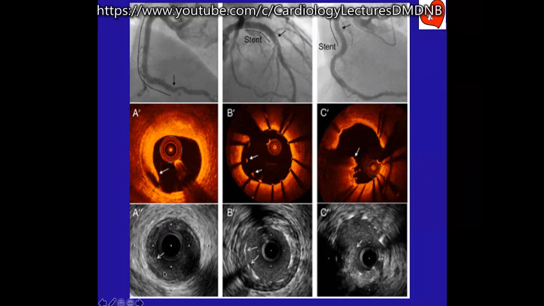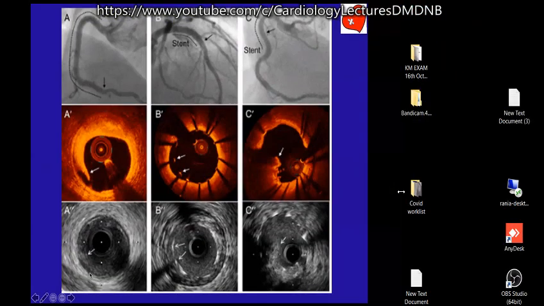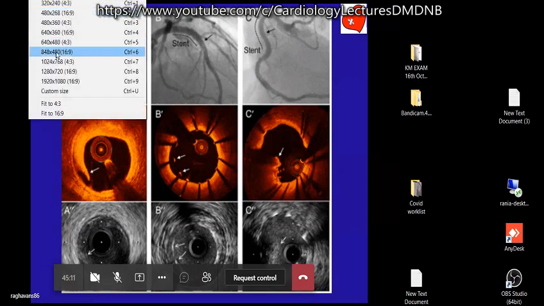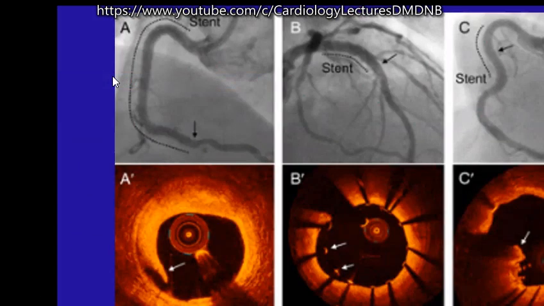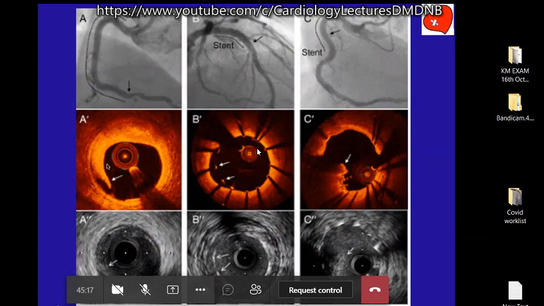Now you see the same thing in ultrasound here, but it is much less clearly seen. That is because OCT gives more details of near structures than ultrasound. That is the reason this image is put up, to show the difference between OCT and ultrasound for near field structures.